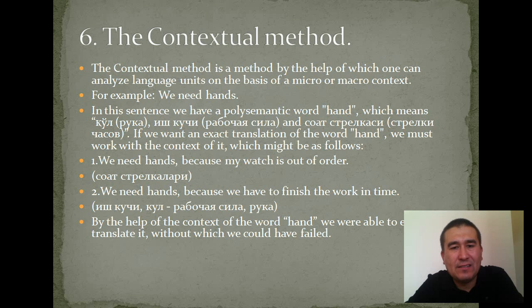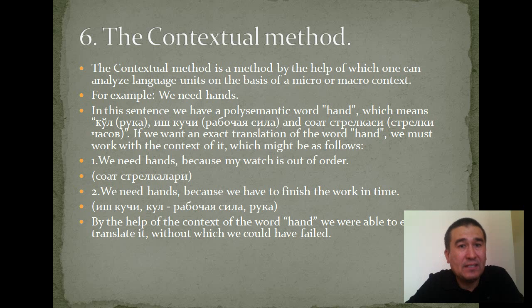We need hands because my watch is out of order. In this case, it means hands of a watch. Second case, we need hands because we have to finish the working time. Ishkuchi, whole, рабочая сила, рука. By the help of the context of the word hand, we were able to translate it exactly, without which we could have failed.